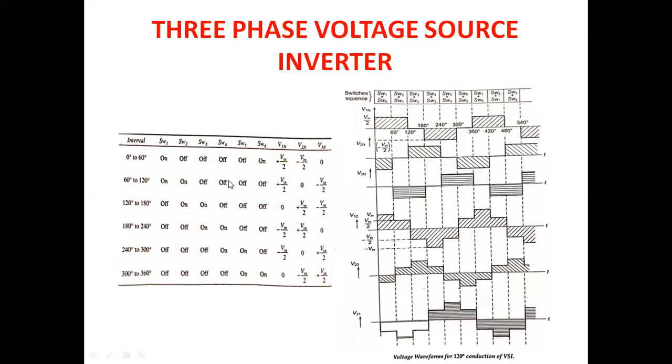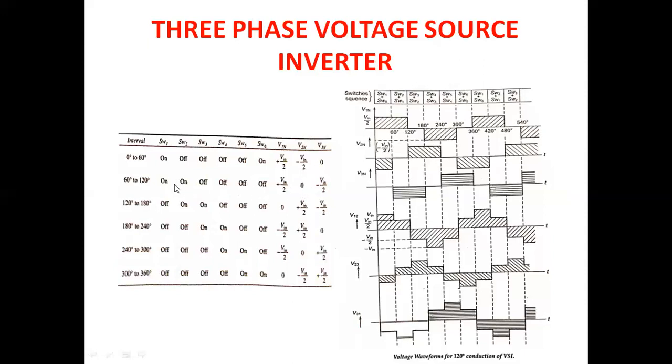So now for the second interval, it is clear that switch 1 and 2 is on. So the voltage across the switch, V1n, is Vin by 2, and the voltage V3n is minus Vin by 2, and the voltage V2n is 0.